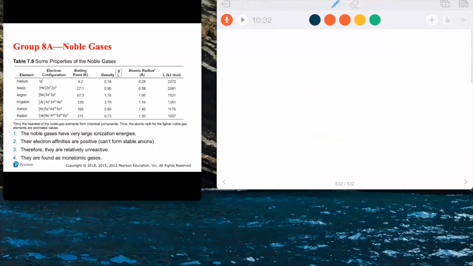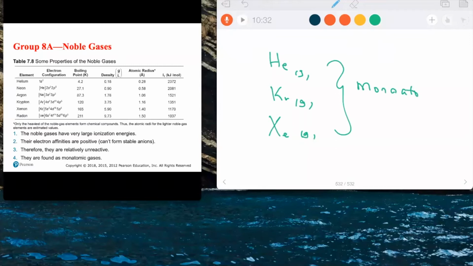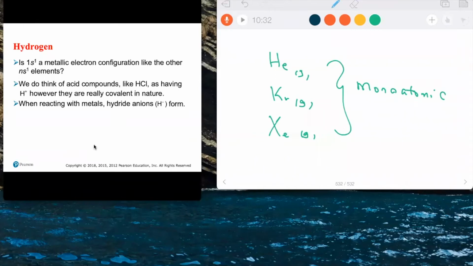For example, helium gas, krypton gas, xenon gas, they exist as monoatomic gases. Mono means one, monoatomic. You'll never see Kr2 in terms of gases, they only exist as monoatomic.